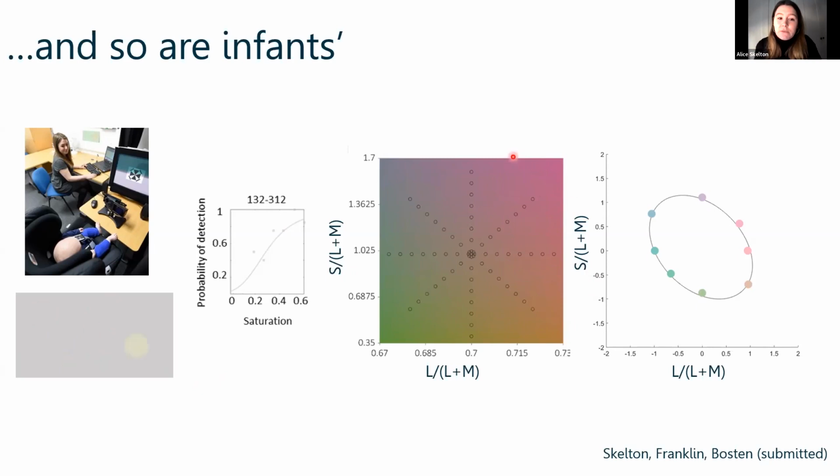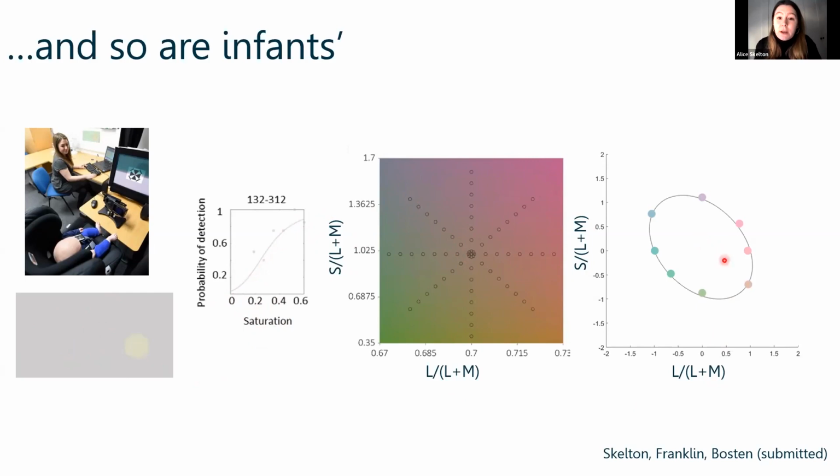So the infant sees a range of different hues at different saturation levels. And just like with adults, we can plot psychometric functions in order to measure their discrimination thresholds. So we can read off the point where our infant participants, who are 4 months old, can reliably detect that particular hue at that particular saturation.